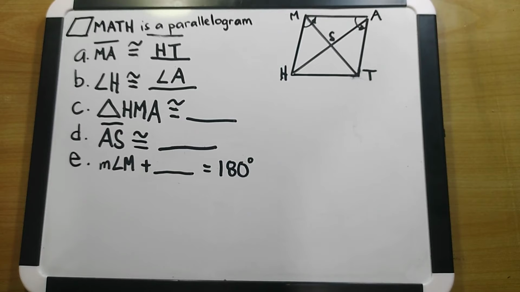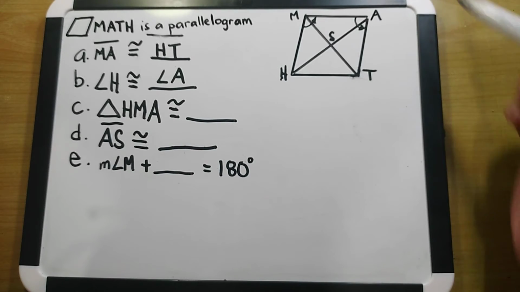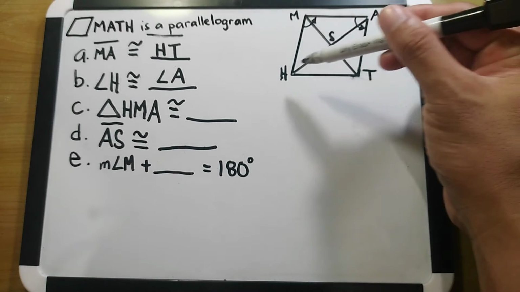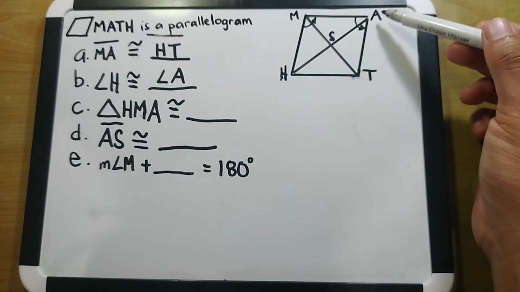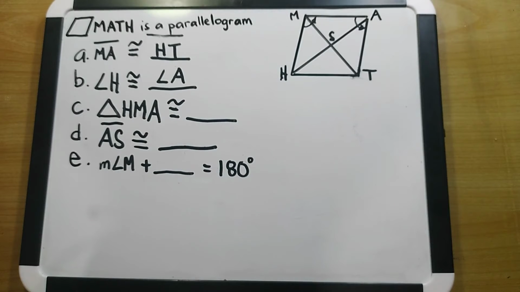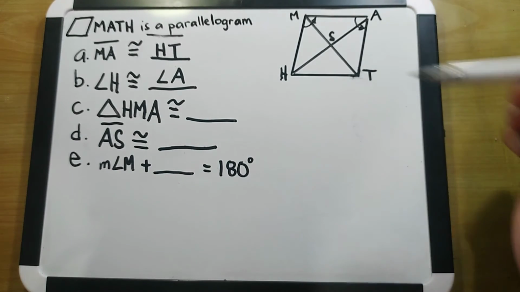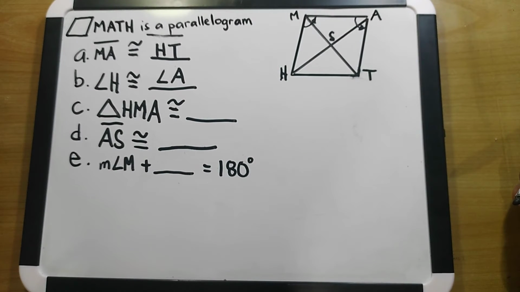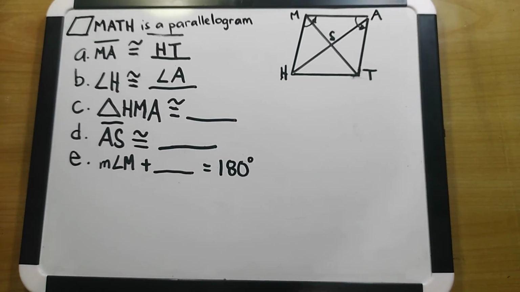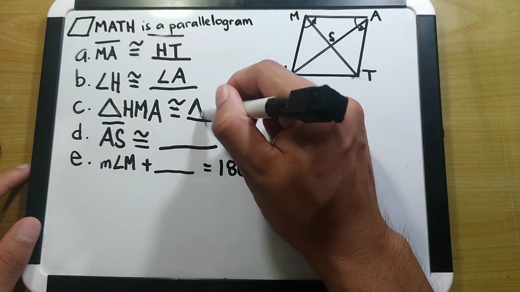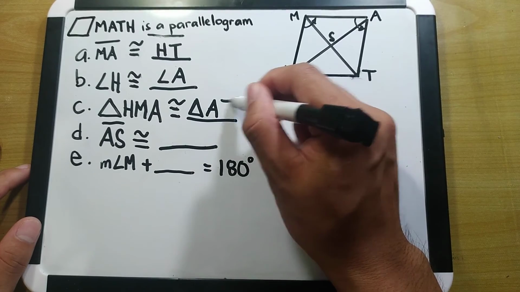So we will look for the triangle that has a side of diagonal AH. What triangle has the diagonal AH as a side? Triangle ATH has the diagonal AH as its side. Therefore, we are looking for this triangle as the one congruent to triangle HMA. And it is our answer to letter C. Triangle ATH.